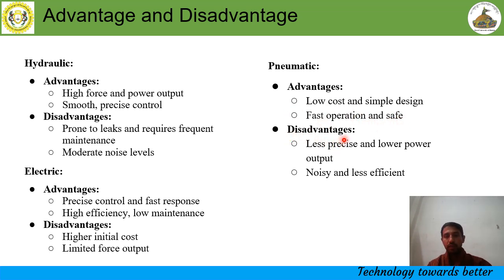And disadvantages: less precise and lower power output. Here also it produces less power, so it may not be appropriate to use in heavy systems. It is noisy and less efficient, and since it uses compressed air, it produces lots of noise.